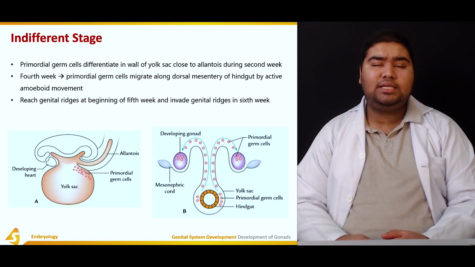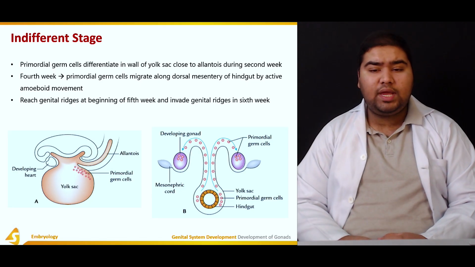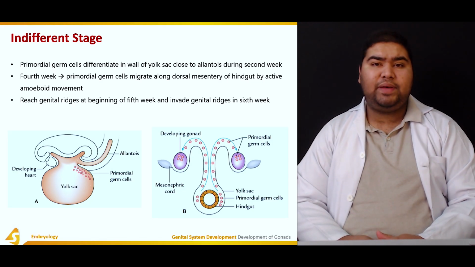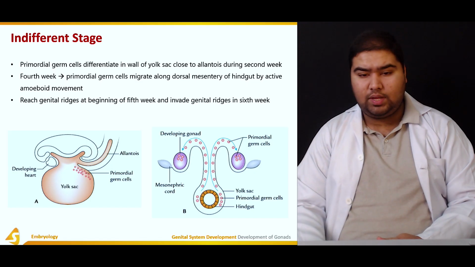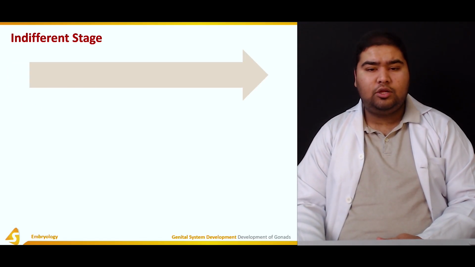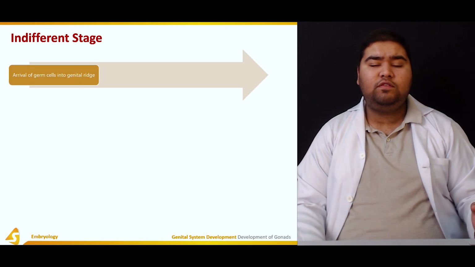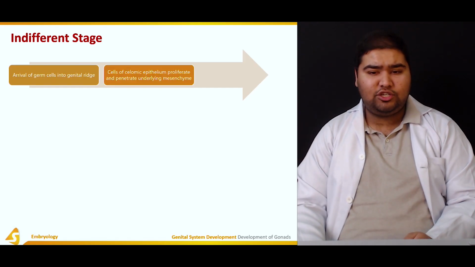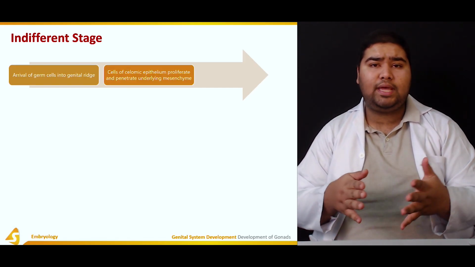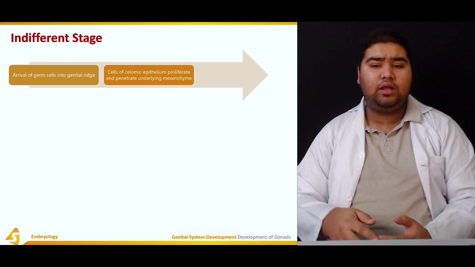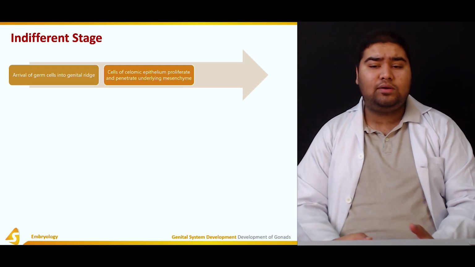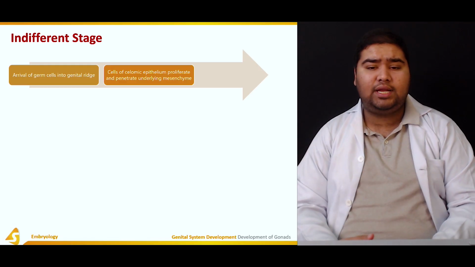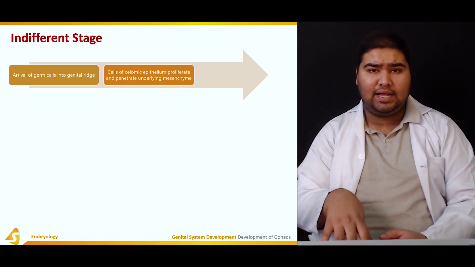Now they reach the genital ridge at about the 5th week of development, and they penetrate the ridge at about the 6th week of development. The arrival of germ cells into the genital ridge causes the cells of the coelomic epithelium, the outer covering, to undergo proliferation and penetrate the underlying mesenchyme.